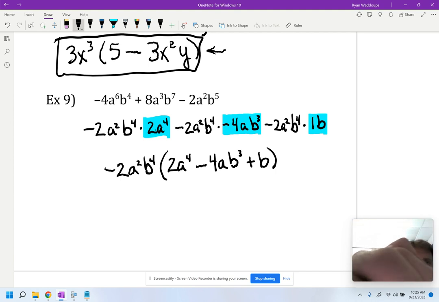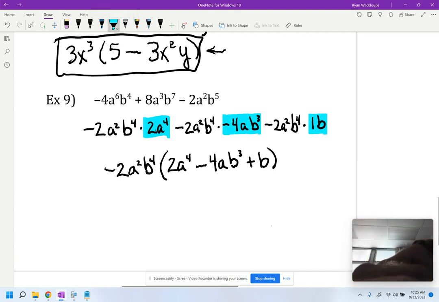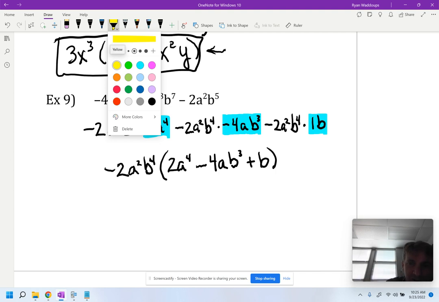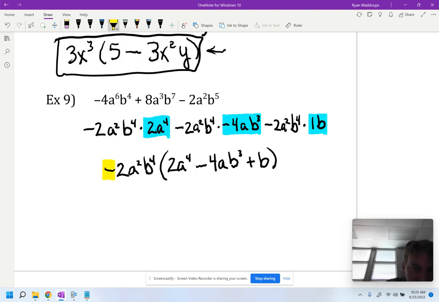And then I'm going to just account for the signs and make sure that I've got this correctly here. Negative times a positive would be, oops. Sorry. A negative times a positive would be negative 4.